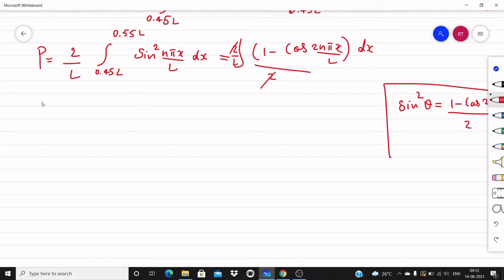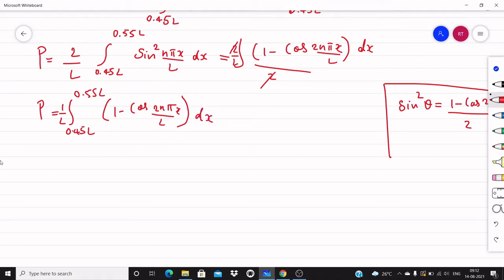What remains is P is equal to integral 1 by L is there, from 0.45 L to 0.55 L, then 1 minus cos 2 n pi x by L dx.